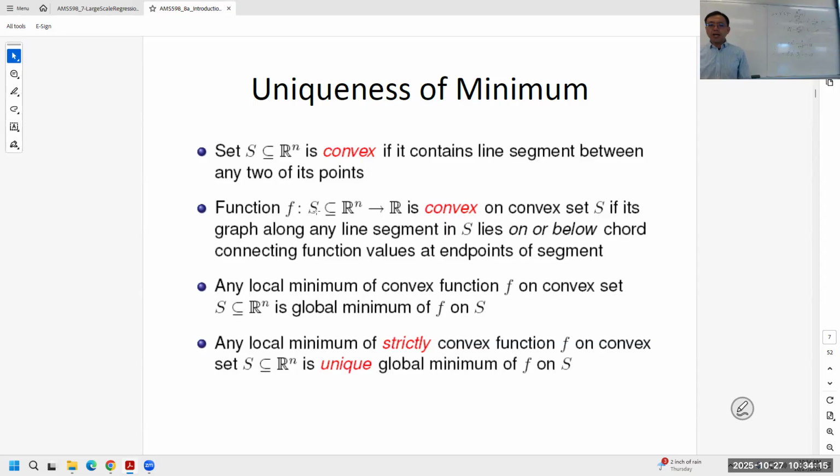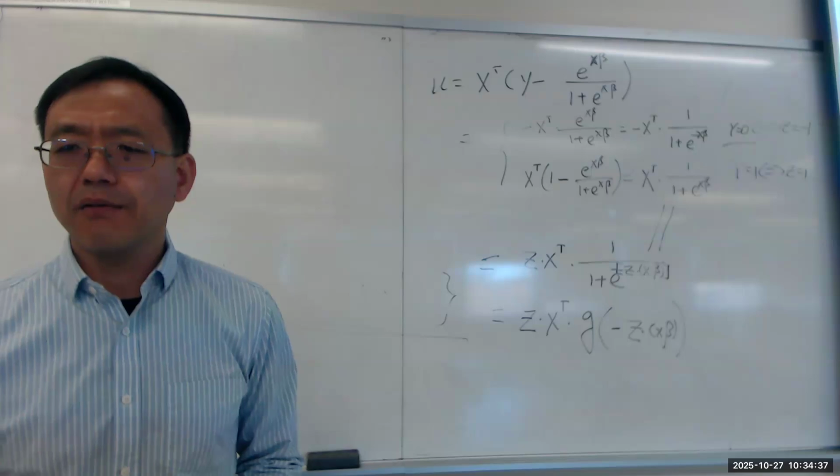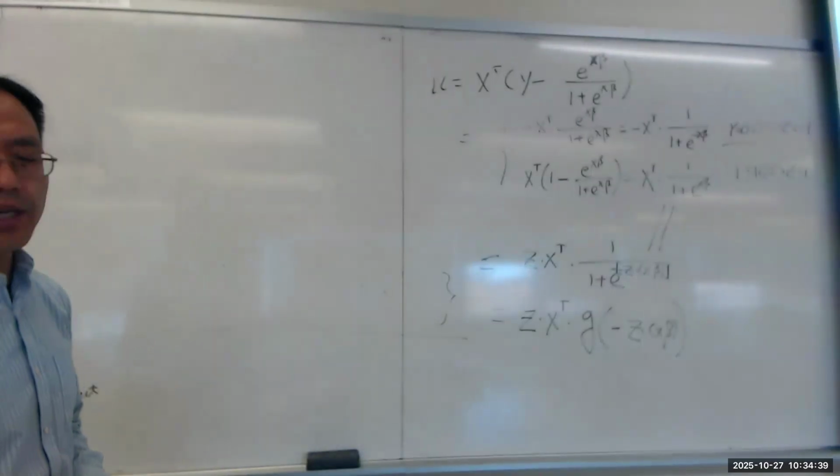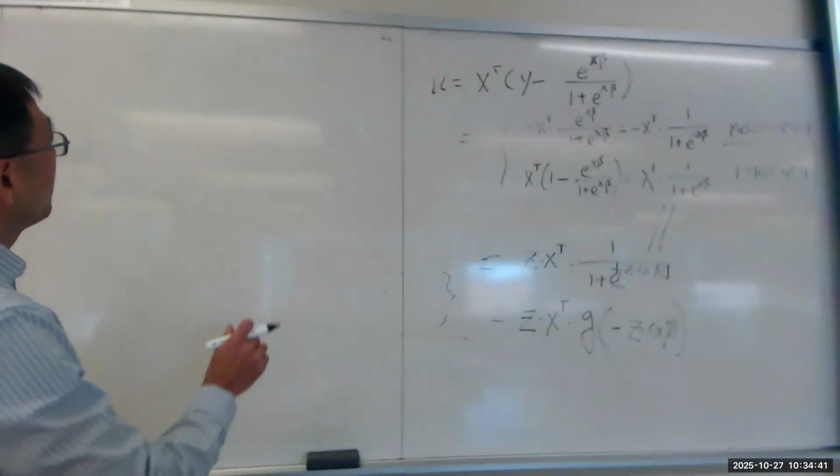If function f is convex on some convex set S, if its graph along any line segment in S lies on or below the chord connecting the function values at the endpoints of the segment, then we call the function f convex. Now, reading from the definition is a little bit confusing, right? But if I draw some graph, then you will be able to see.